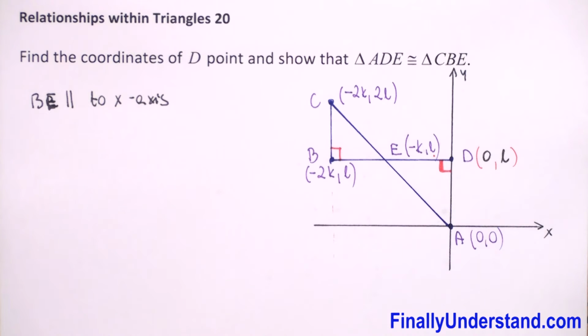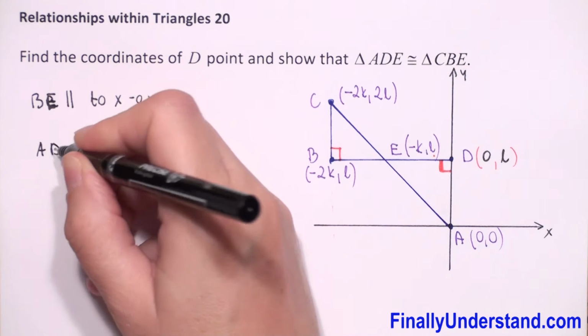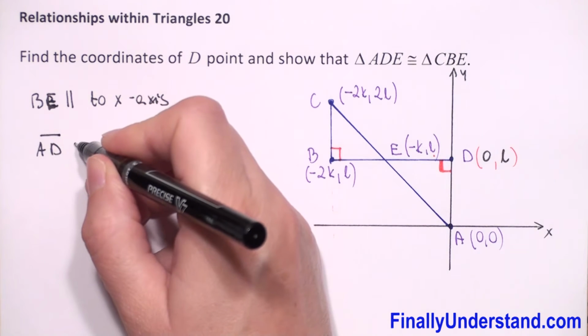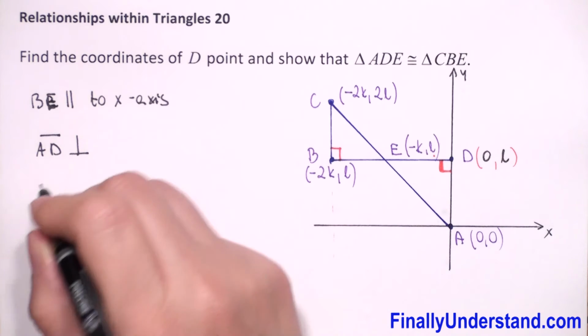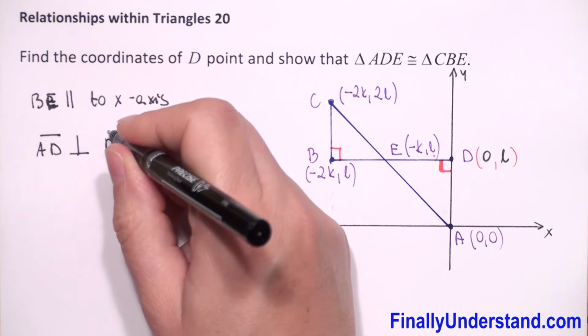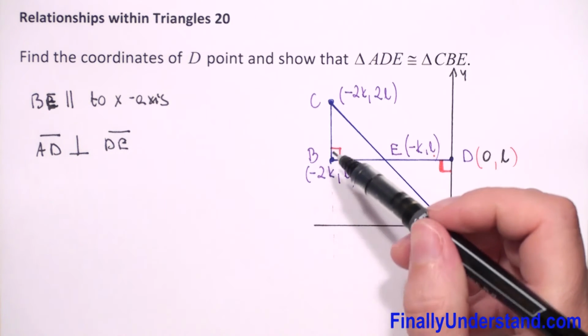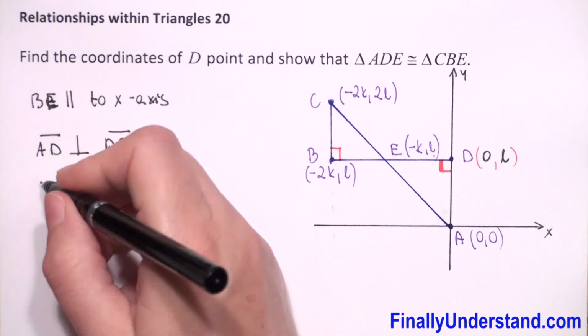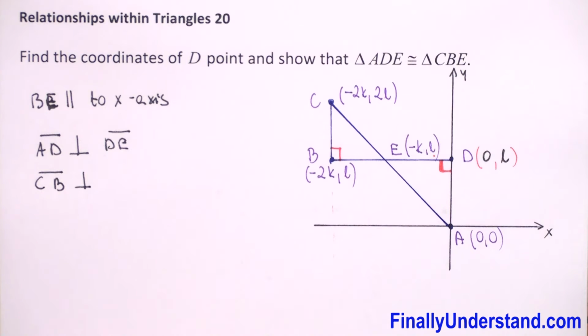So we can write that AD segment is perpendicular to DE. And CB is perpendicular to BE.